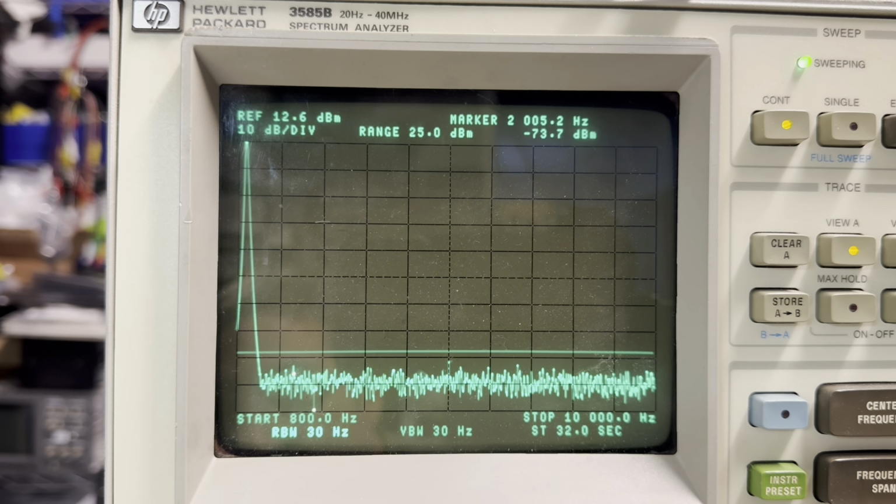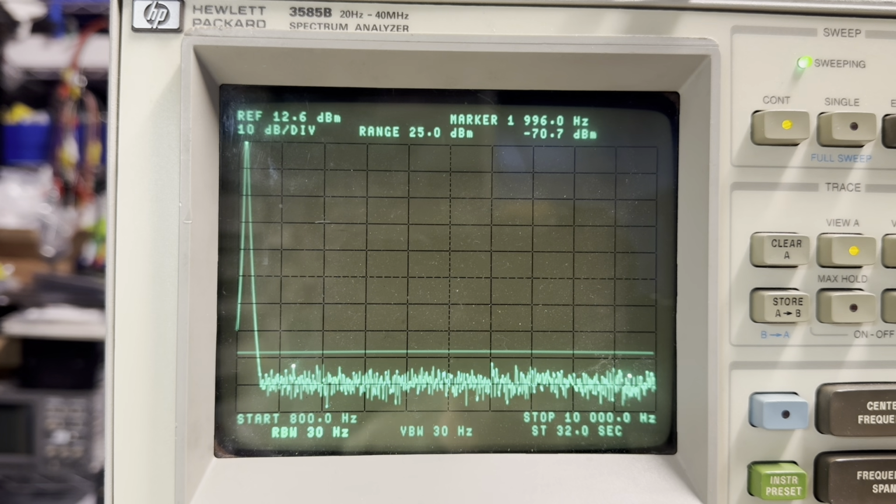In fact, if we didn't know where the harmonic was, or that the harmonic was there, we may not even see it when we see other spurious signals like this one at 2.492 hertz. So this may just look like some random noise to you, but this is in fact the harmonic.